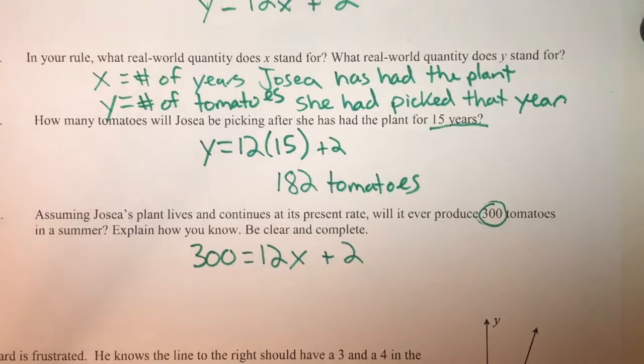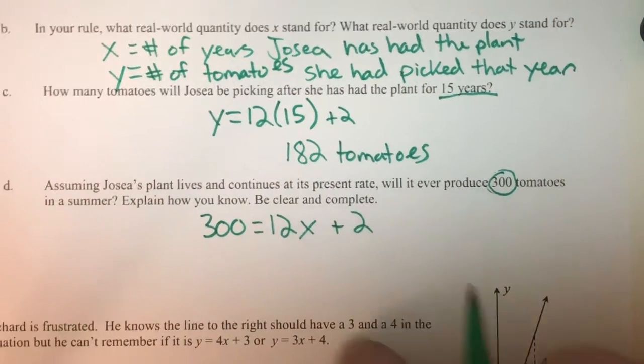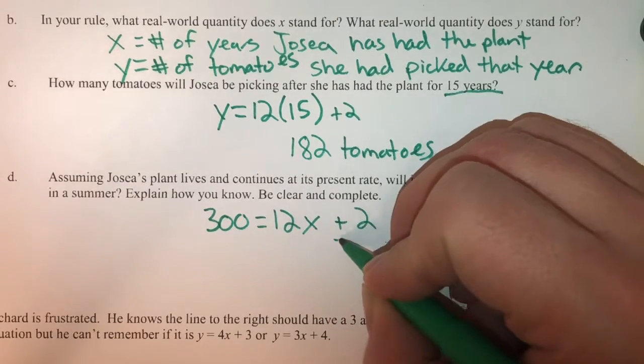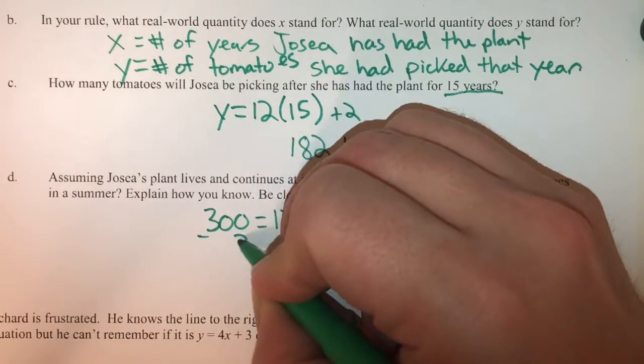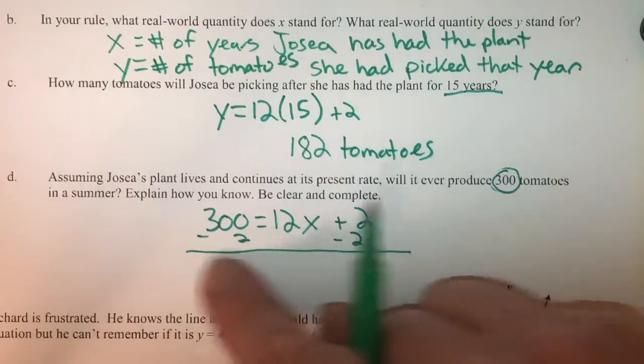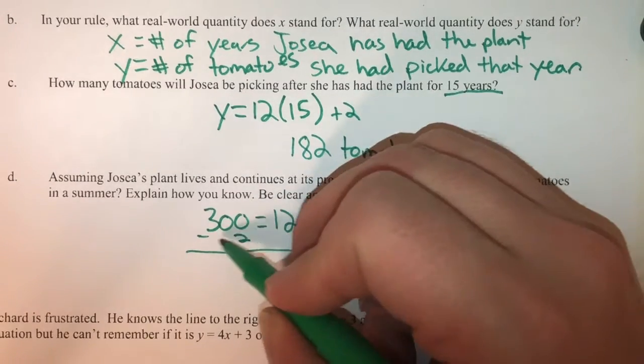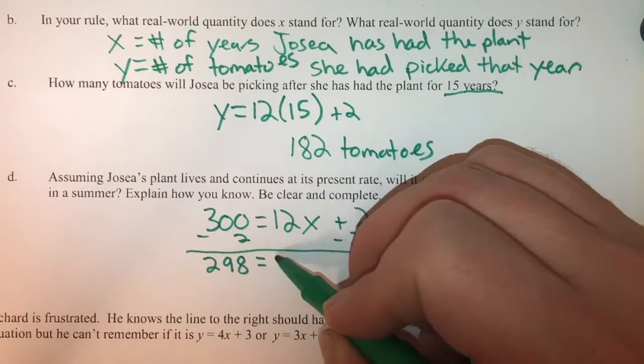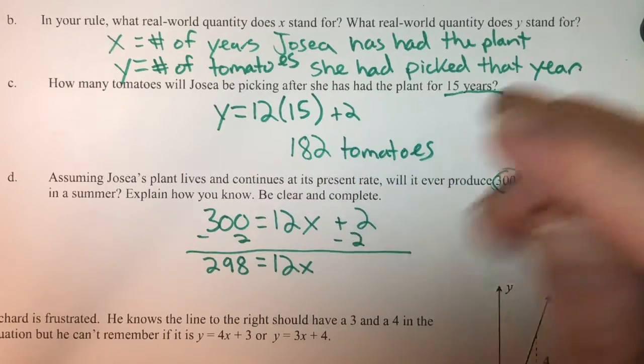So we have learned over and over again that this is a 2-step equation. We've worked a lot with these, and you can use a calculator for them. I think for some of it you won't need it, but first, in order to get X by itself, we have to subtract 2 from both sides first. So I do that, I draw my line. I've got 300 minus 2 is 298 equals 12x.